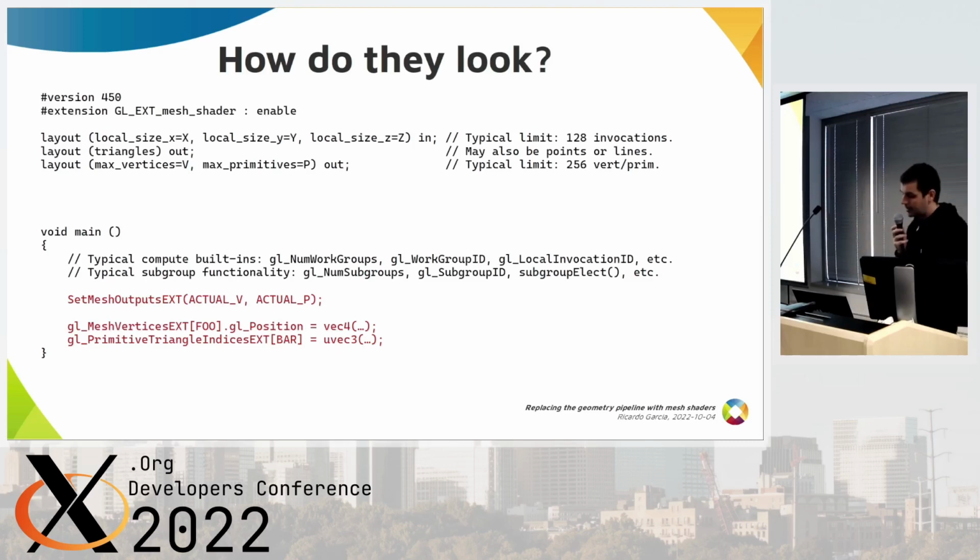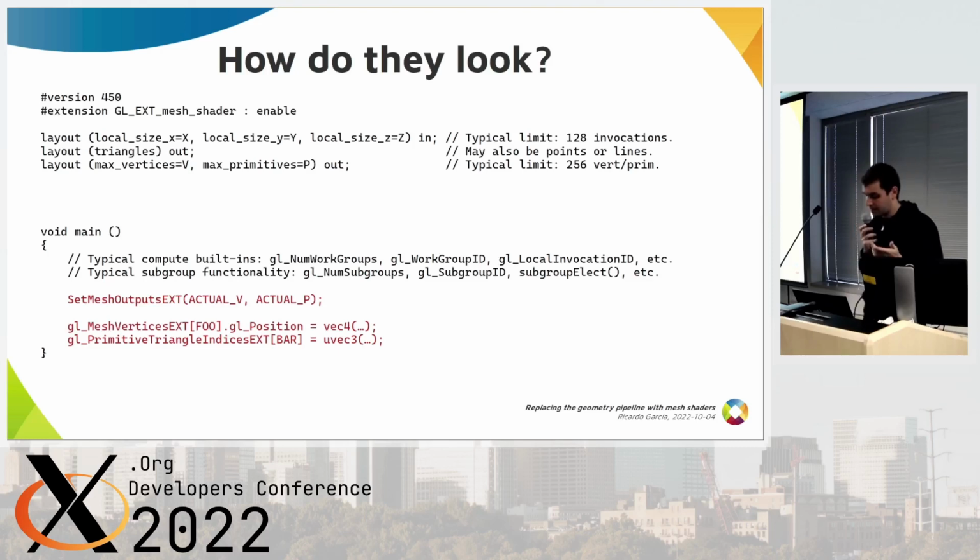And in the slide here, you see a couple of those arrays, which are the most typical ones. So you have the built-in mesh vertices ext array, which contains per vertex data, like the vertex position. And this array is used with indices from 0 to the actual number of vertices minus 1, obviously. And then the primitive triangle indices ext array contains, for each triangle, 3 uint indices into the previous vertices array.